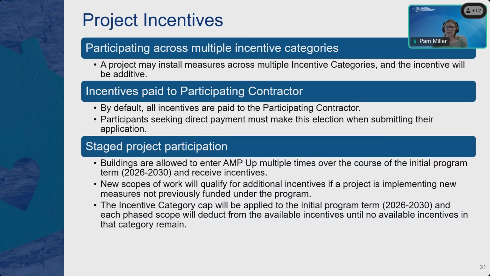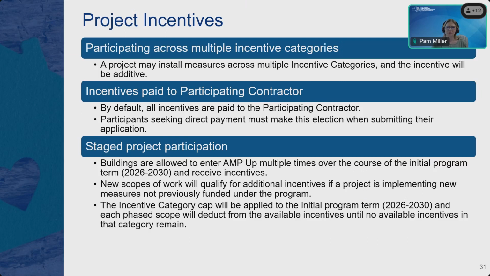AMP Up allows staged project participation, meaning that projects are allowed to enter the program multiple times over the course of the initial program term, which is 2026 to 2030, and to receive incentives. New scopes of work will qualify for additional incentives, and new upgrades not previously funded by the program would be eligible to participate.